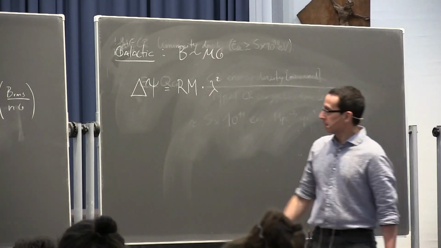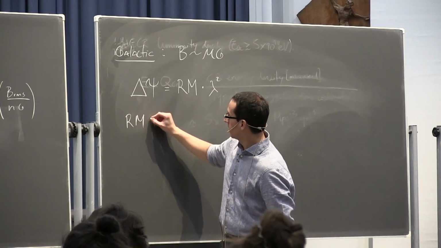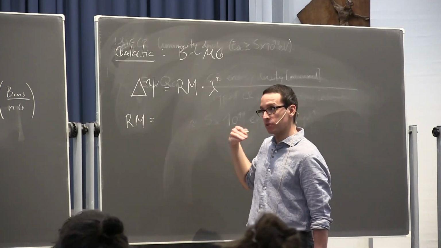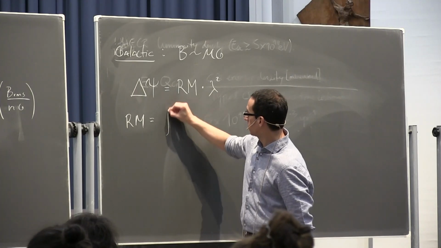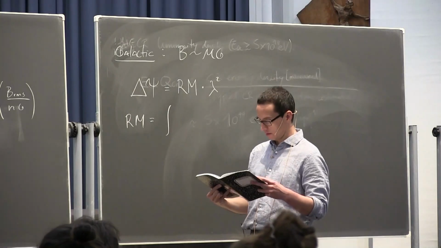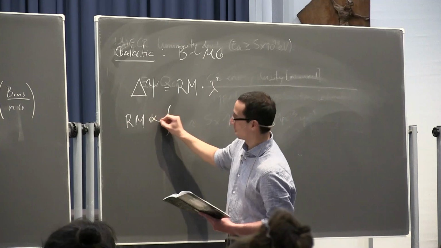And the rotation measure is a measure of how much column depth of electrons the wave encounters as it's going through the plasma. So this is, actually let me not do it from memory. Yeah. And I'm going to skip all the prefactors.